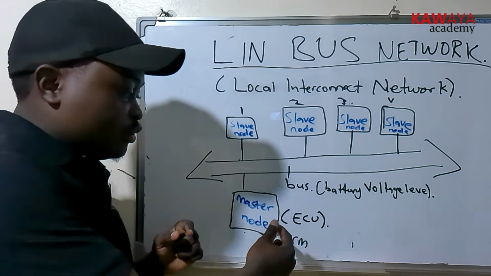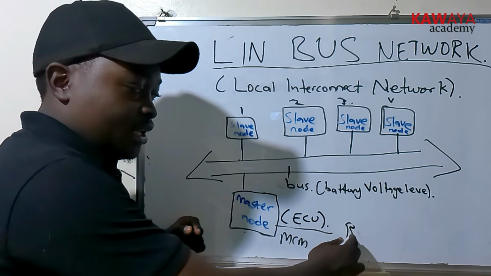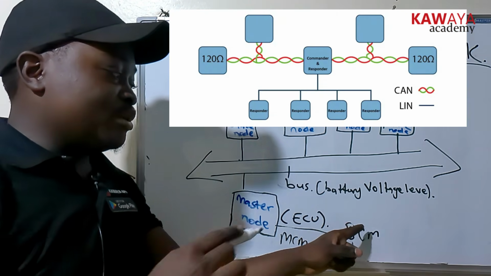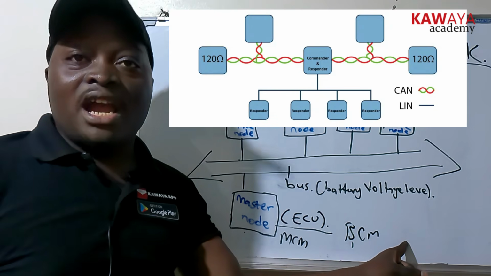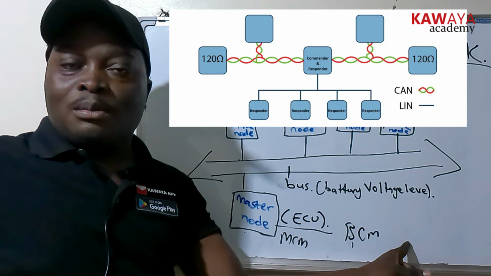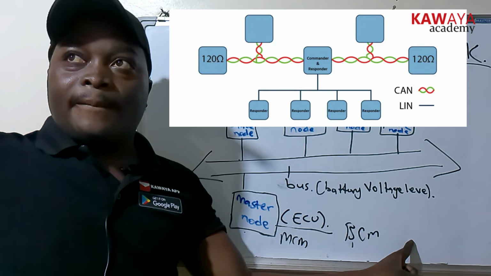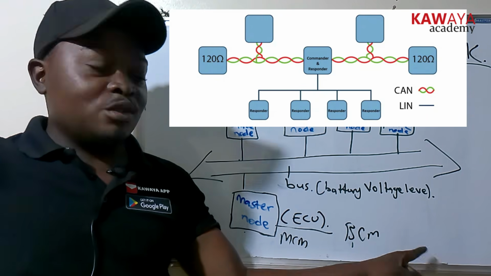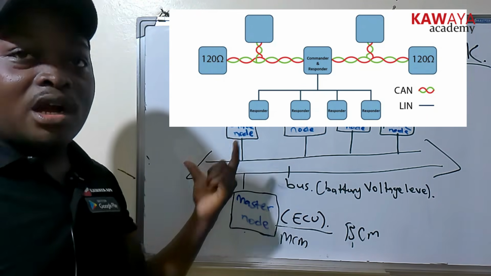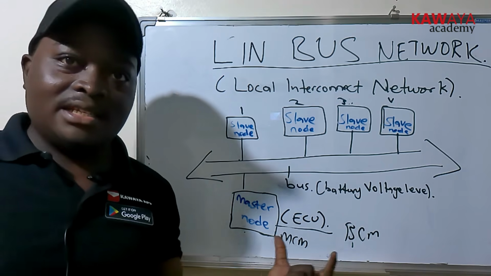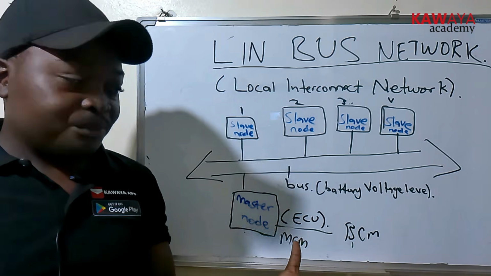The door control module can connect to the body control module, and then the body control module can connect to CAN bus with other modules: powertrain, airbag, transmission, and so on. So that is how LIN can work handily with CAN bus and do the role that we want.